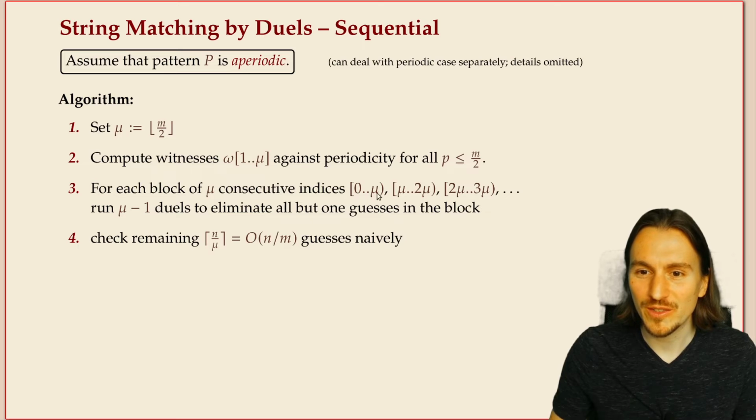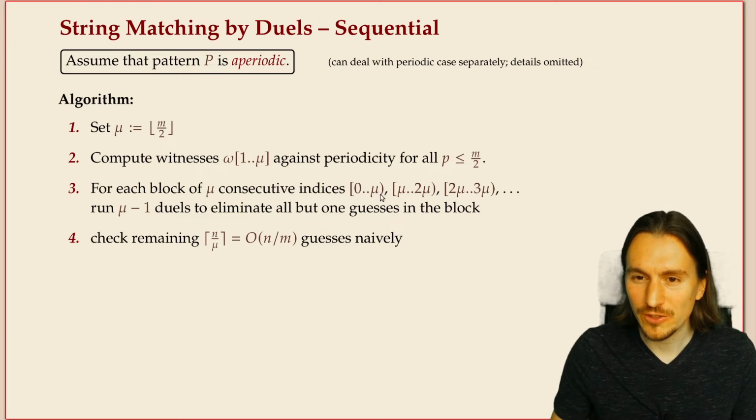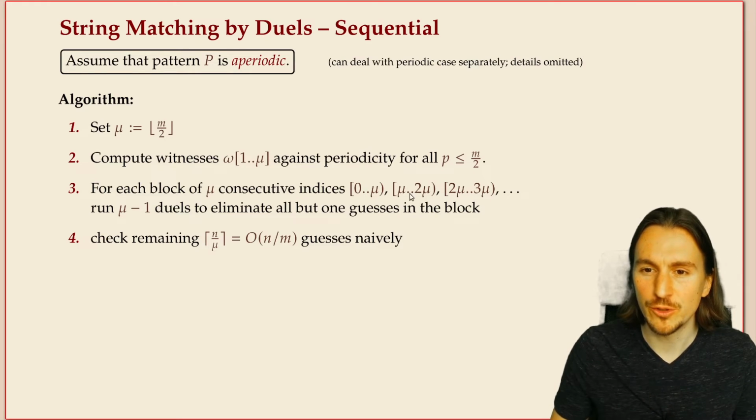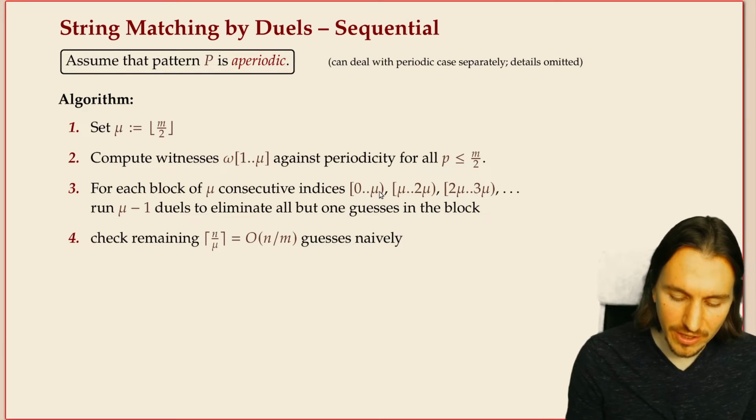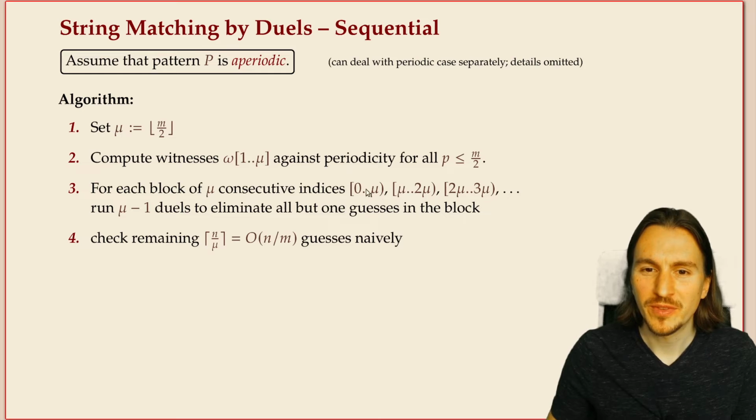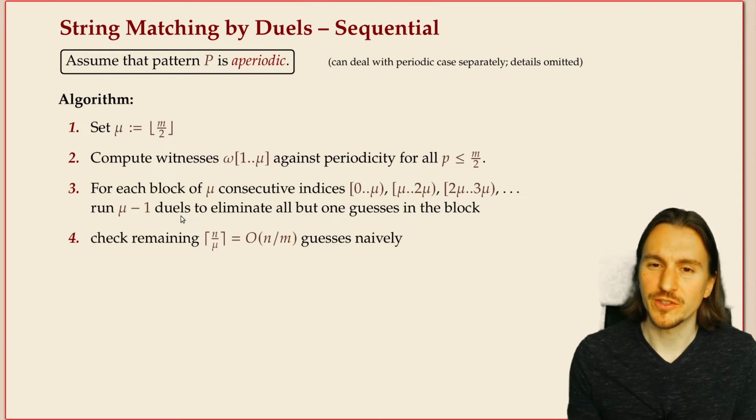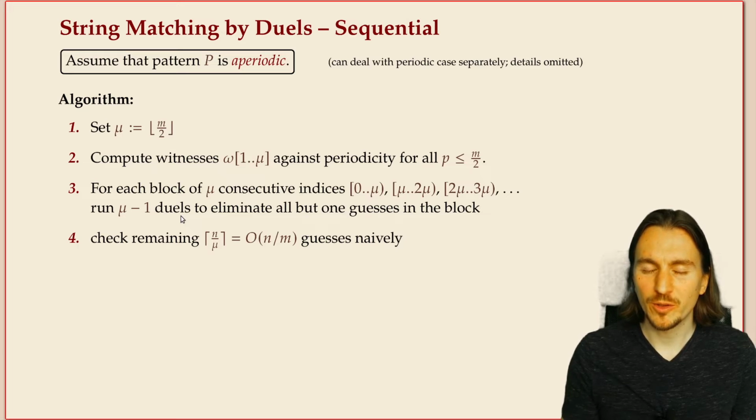What you really do is you take blocks of size mu in your text. And these are just the adjacent mu positions. And now you run mu - 1 duels between those positions. You can, for example, go just left to right for this simple version.